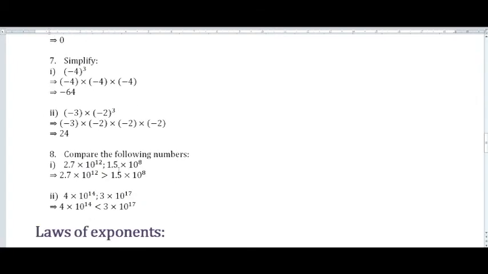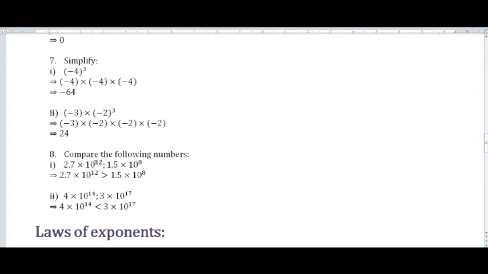In question number 8, we're going to compare the numbers which are occurring here in a standard form: 2 to the power 7 into 10 to the power 12, or 1.5 into 10 to the power 8. Here also the number which we make into standard form, that is 10 to the power something.